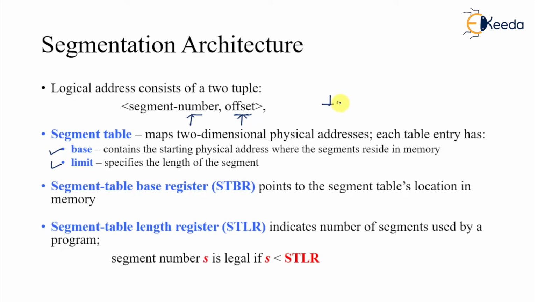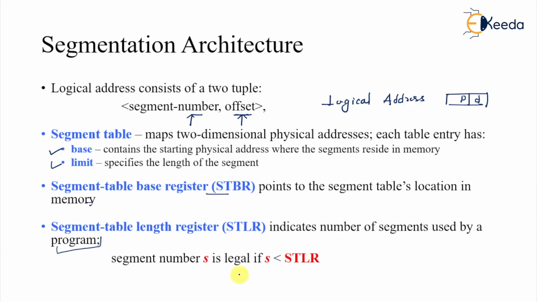Earlier the logical address was divided into page number and d; now we are dividing it into segment number and d, and we have a segment table, like a page table. What we have in a segment table is the base and limit values. The segment table base register points to the segment table location in memory, and the segment table length register indicates the limit.